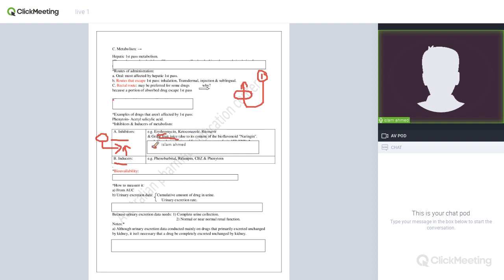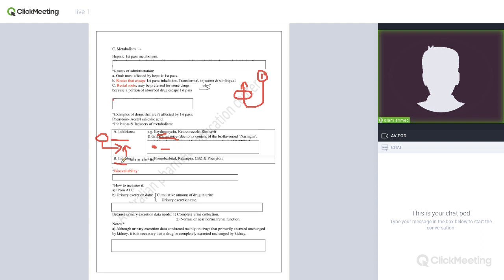Grapefruit is contraindicated during the use of atorvastatin because it increases its action and may lead to toxicity or severe side effects.